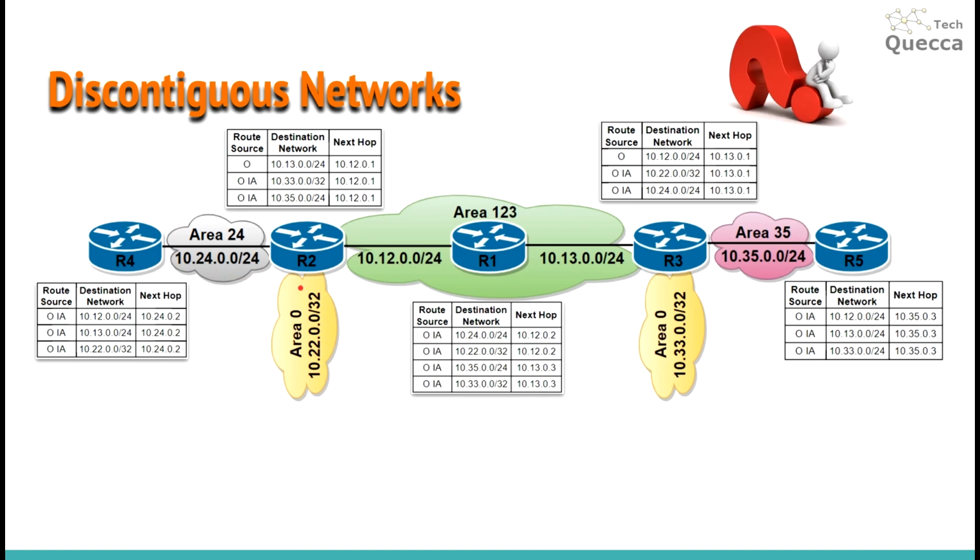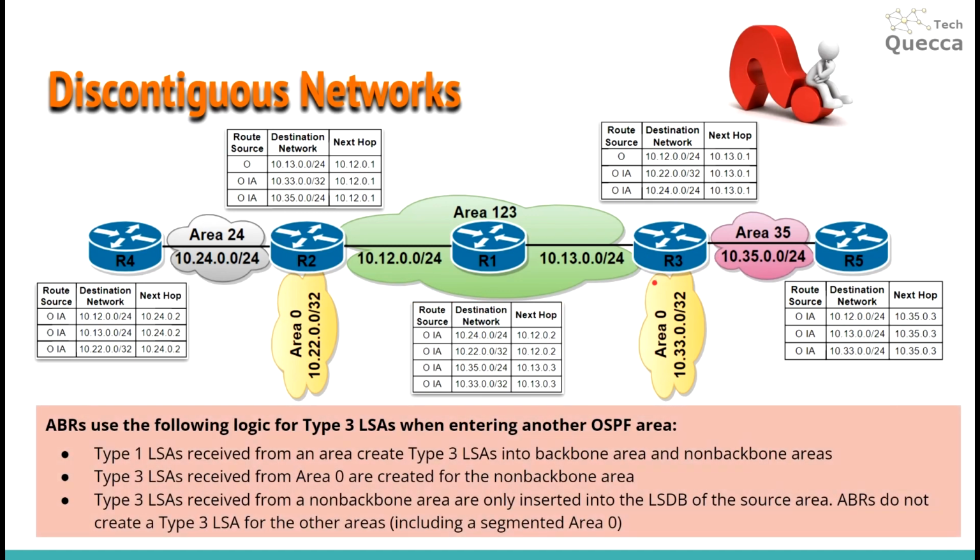So this happens because of the logic of ABRs, which are routers connected to at least two areas, one of which is a backbone area. So the logic of how ABRs create type 3 LSAs. First rule, and this is my understanding of it: type 1 LSA. If you know something different, you can leave your comments and we will discuss it.